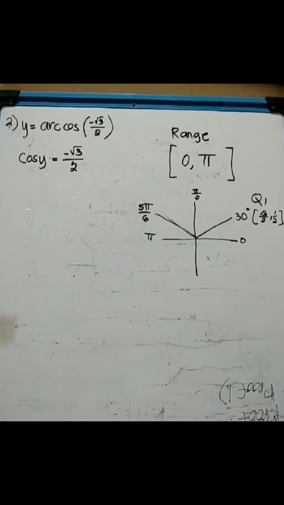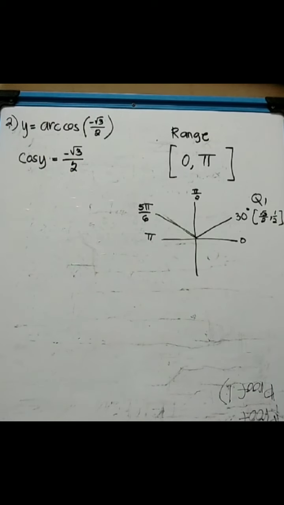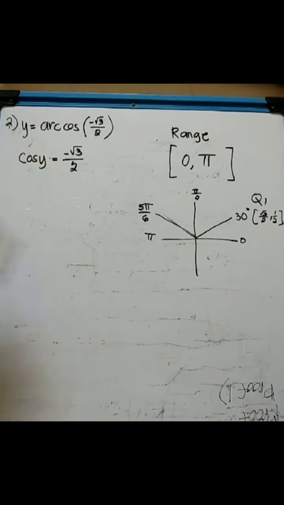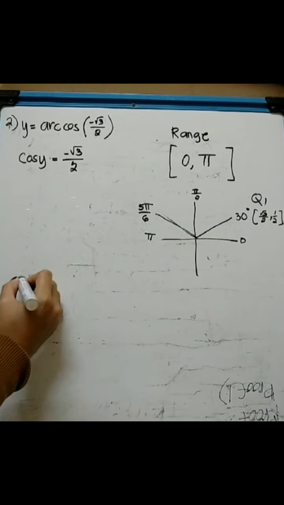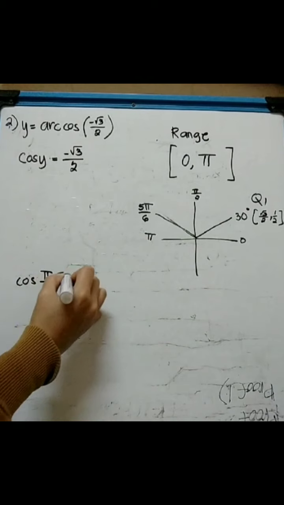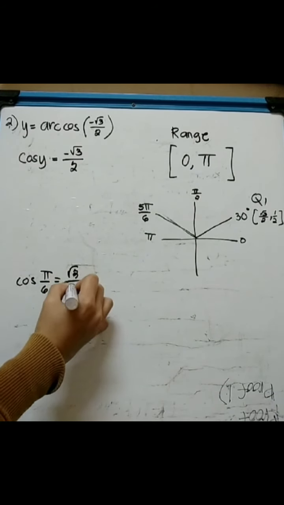So when you think of a negative square root of 3 over 2, always think of positive square root of 3 over 2. We know that cosine of pi over 6 is equals to square root of 3 over 2.